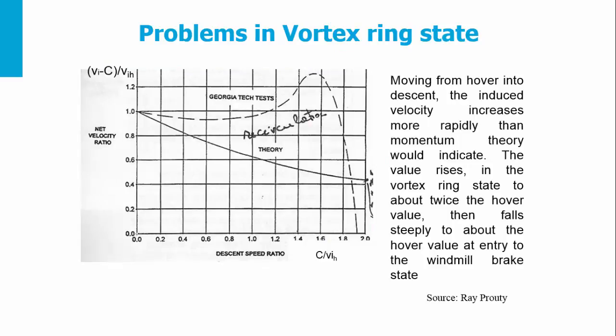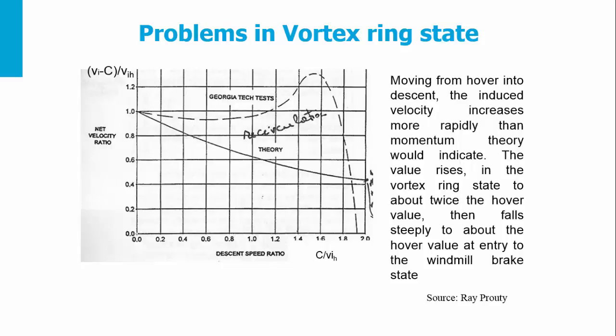You see here a graph of the velocity through the rotor as a function of the descent velocity, the rate of descent. They are non-dimensionalized with the induced velocity in hover. You see that the theory predicts a kind of descending line.